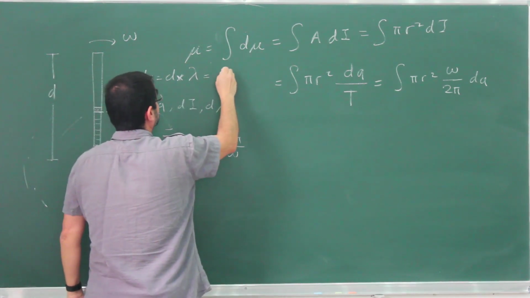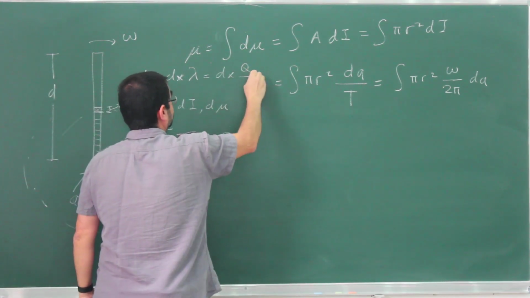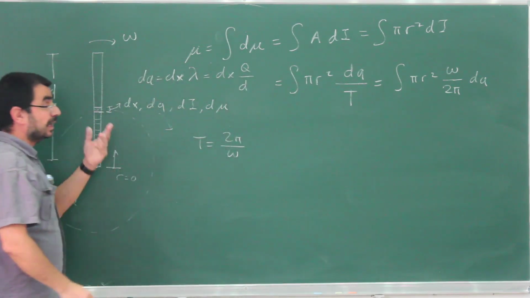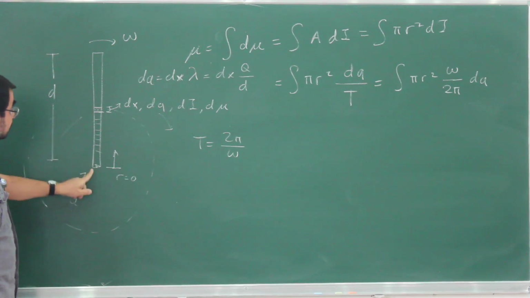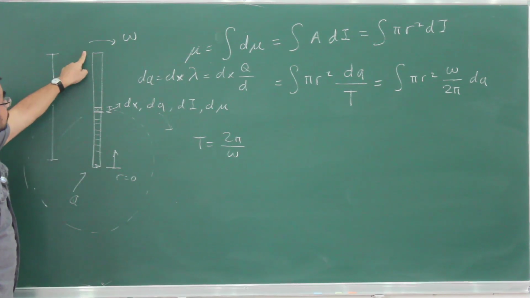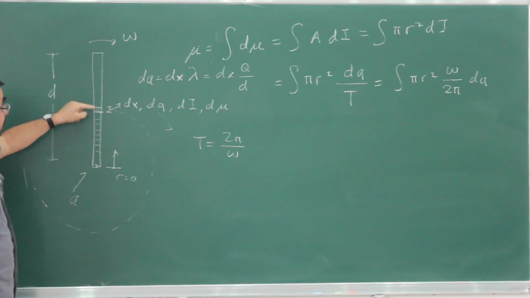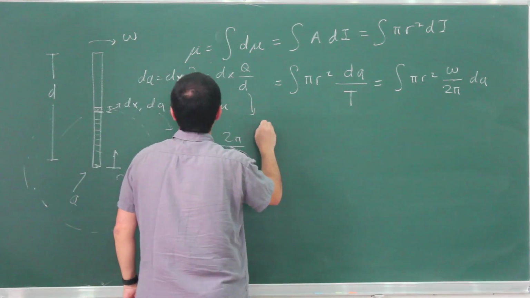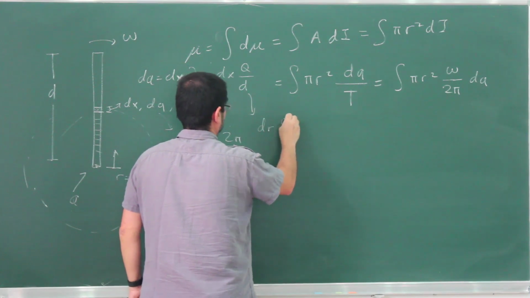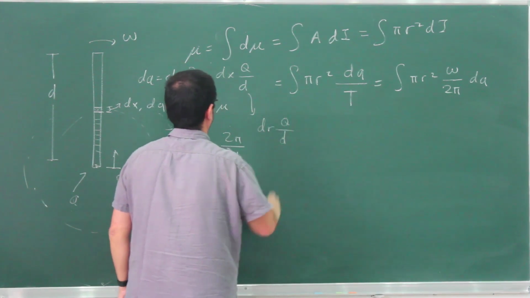So this is dx times Q over D, but the dx is nothing but dr. Right? So dx was the thickness of this little piece, but I'm going from r equals 0 to r equals D by adding these little dr's. Those dr's are nothing but dx, so this is in fact equal to dr Q by D.